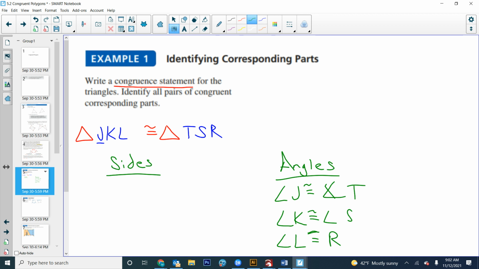Sides. JK. Put a segment above it. Segment JK congruent to segment TS.